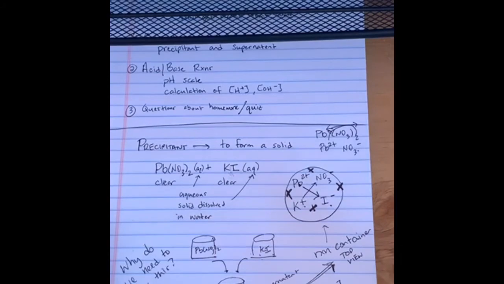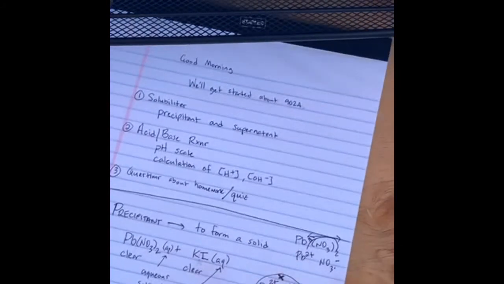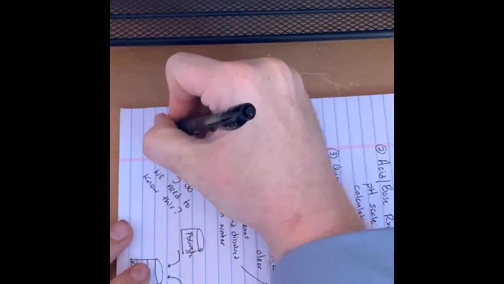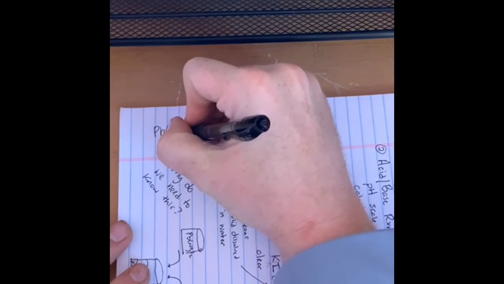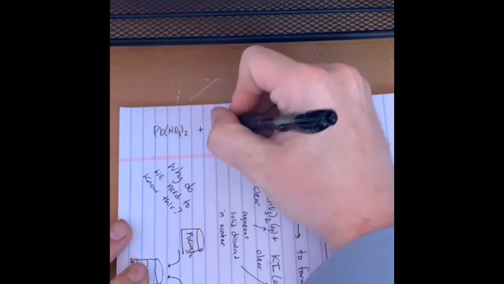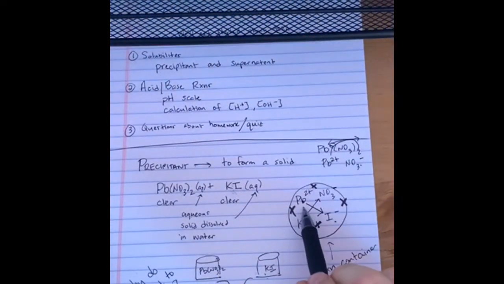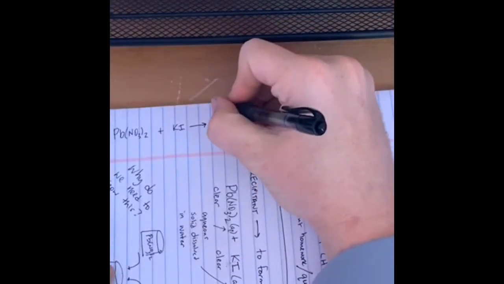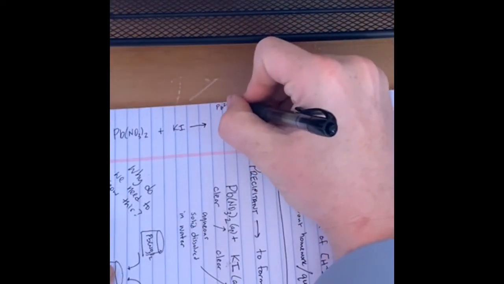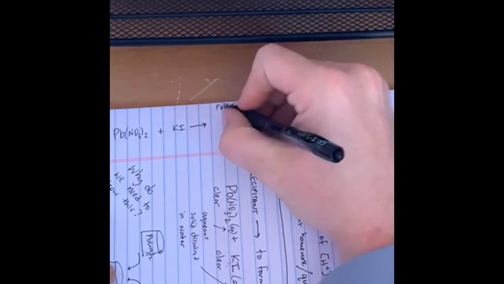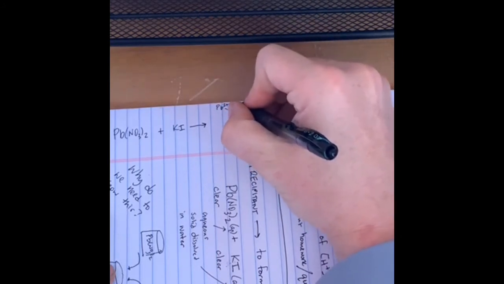So let me turn this page sideways, and I'm going to rewrite this exact same formula. So we have Pb(NO3)2 plus KI yields Pb2+ and I-. So I'm going to cross them.